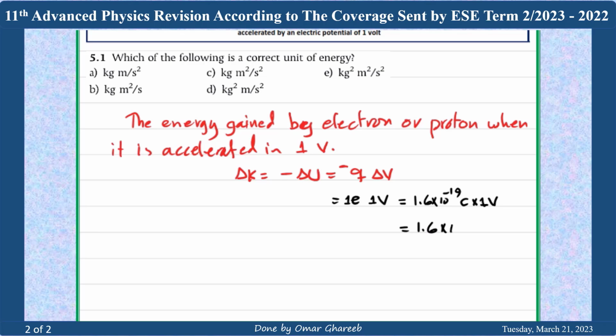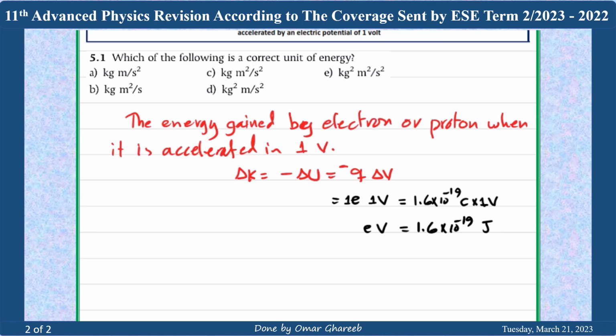It is 1.6 times 10 to the minus 19 joule. This amount is named as electron volt. So every electron volt is 1.6 times 10 to the minus 19 joule.